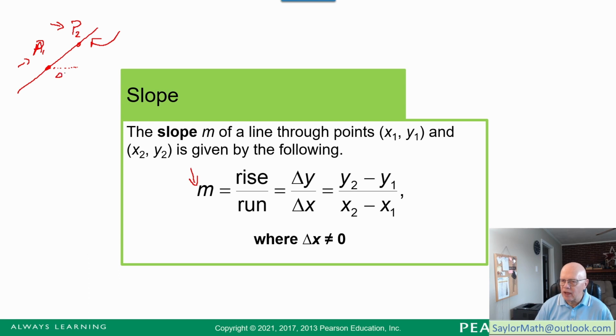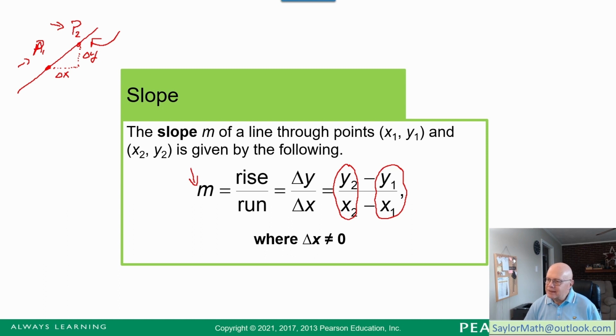That would be your delta x, how much the x coordinates are changing when you go from P1 to P2, and you've got a change in the y coordinates. And you subtract to get those two values. Remember, subtract them in the same order. So over here, y sub 2 minus y sub 1, x sub 2 minus x sub 1. Notice that these are from the same point. These are from the same point.